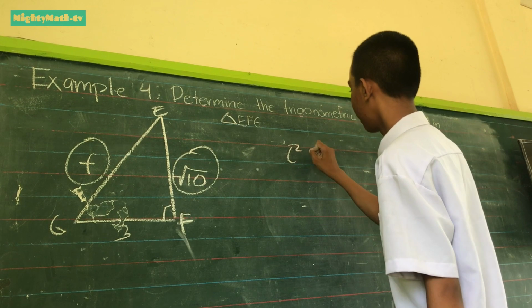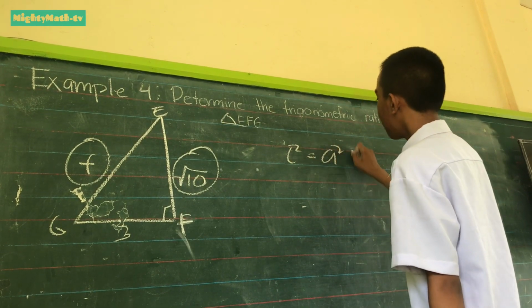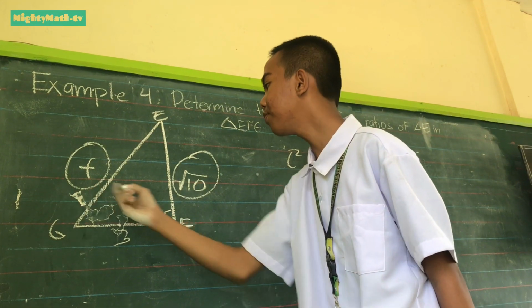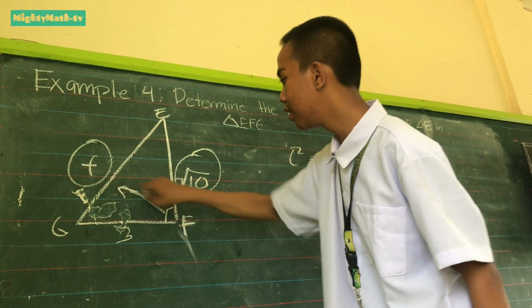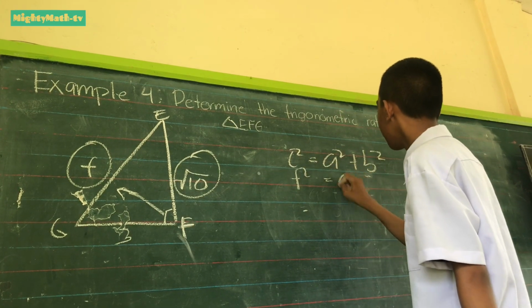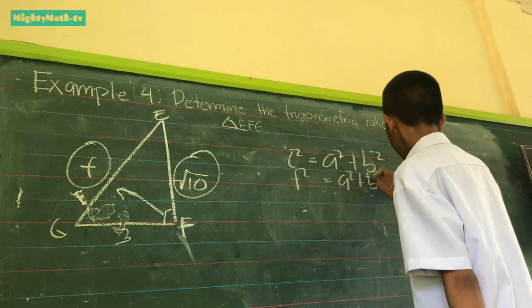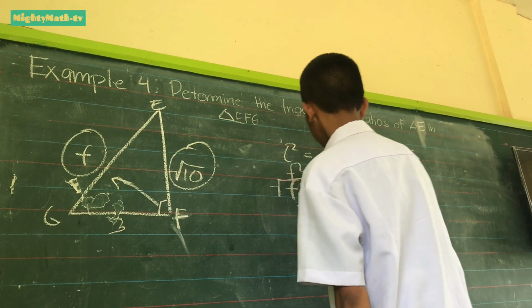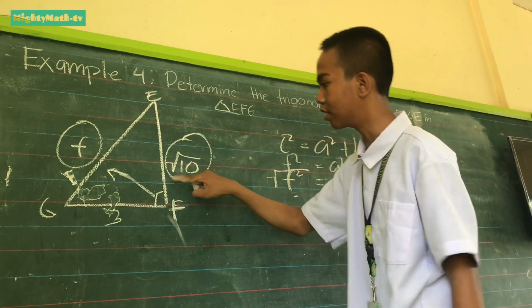It's c squared equal to a squared plus b squared. So our hypotenuse is f because it is right in front of a right angle. So it's f squared is equal to a squared plus b squared. Let's square it again.